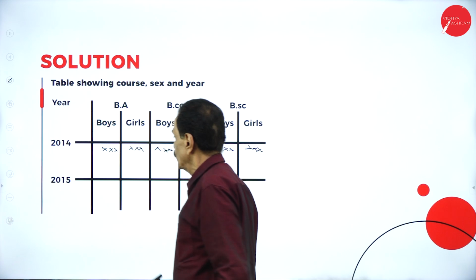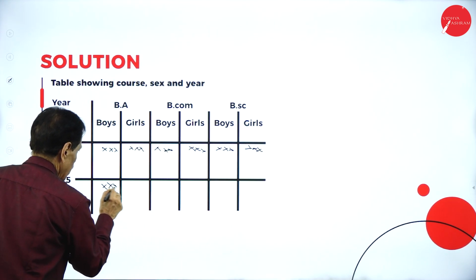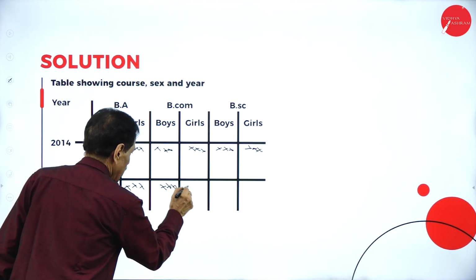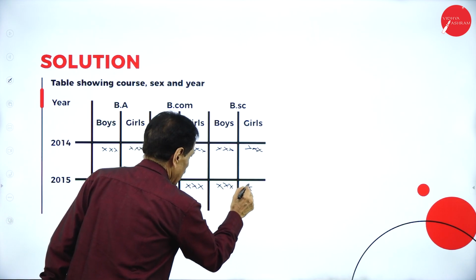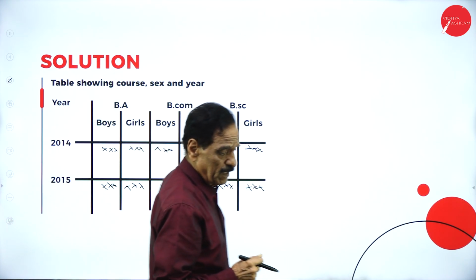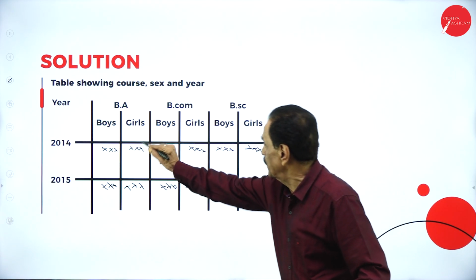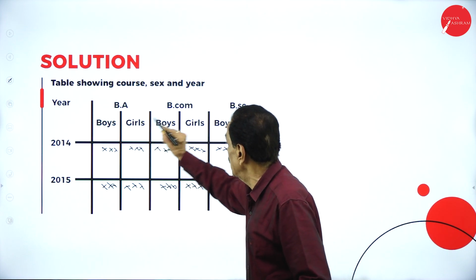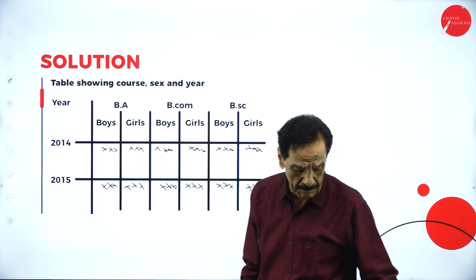Same thing goes to 2015. Boys, girls, boys, girls. Blank table. So we are mentioning the sex: boys, girls, for each course, BA, BCom, BSc, and 2014 and 2015.